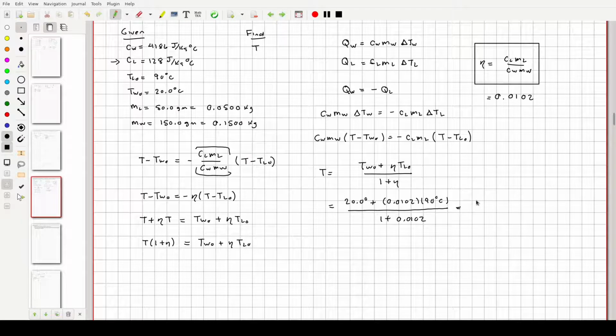If I plug this into my calculator, as usual, I'm going to use the full expression of what that constant is. So that's 20 plus my constant times 90, and then I'm going to divide that by 1 plus my constant. I get 20.71 degrees Celsius.